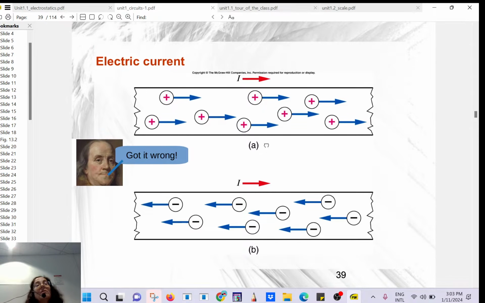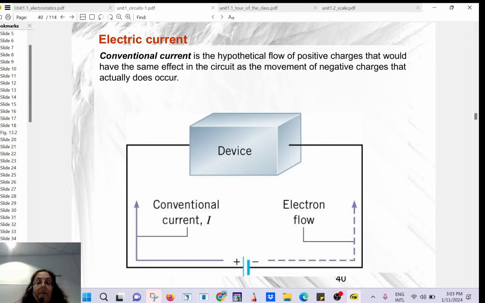Okay, so the electric current we imagine, because it's easier to understand, that you have positive charges like Coulomb flowing when actually it's electrons really moving a tiny bit. So this is called the conventional current, right? Goes from plus to minus.